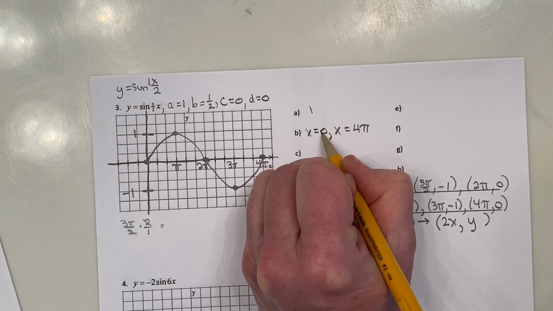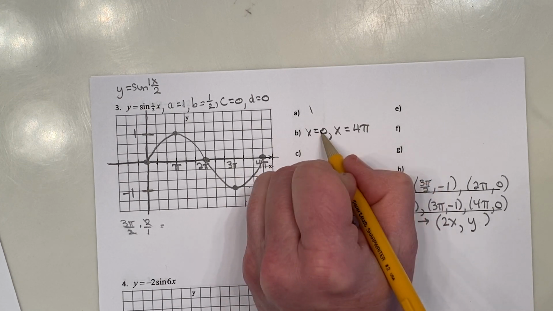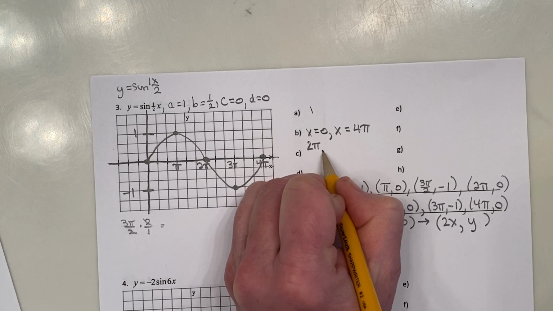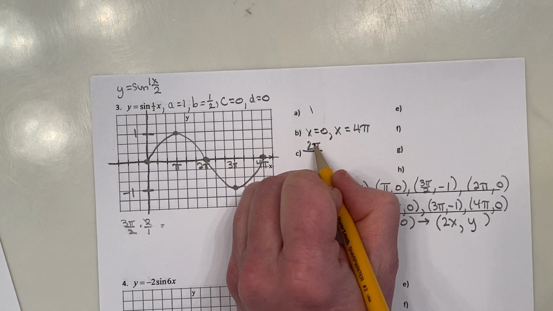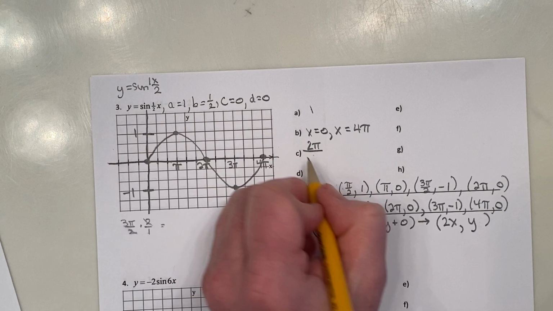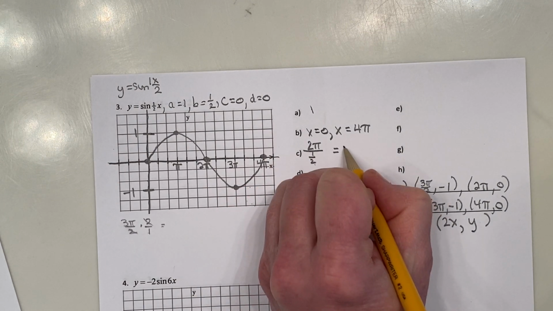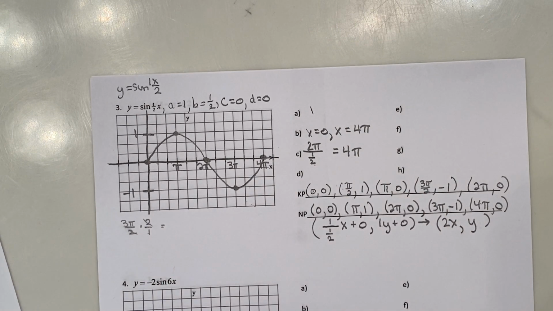So I can see by subtracting these two x values, this later x value minus that earlier x value, that's 4 pi. But remember, we can get 4 pi by taking the formula 2 pi and dividing it by b, where b was a half. And we know 2 divided by a half is 4, and then we'll just reattach the pi.